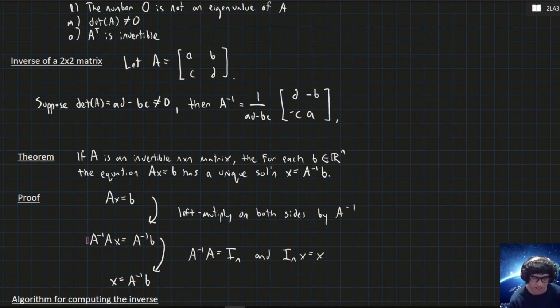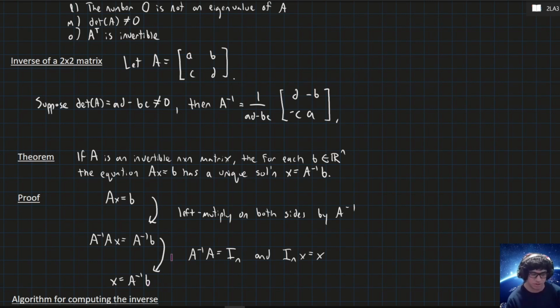Because on the left now, I have A inverse times A, and that just equals the identity, right? And then the identity here times X is just X itself. So that effectively isolates for X, and so X equals A inverse times B.